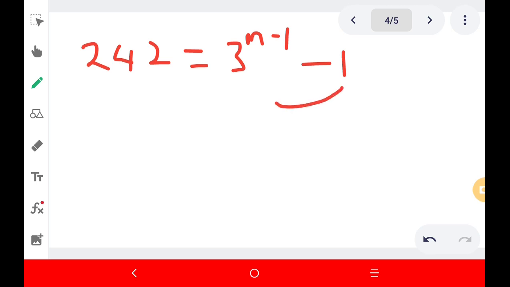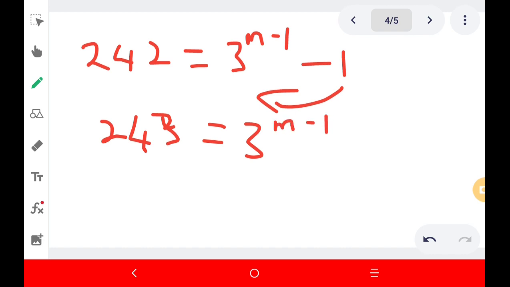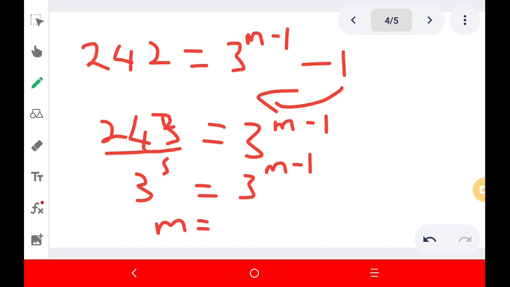Taking this 1 to the other side gives me 243, which is 3 to the power of m minus 1. Since we are dealing with exponents, we write 243 as a prime product, 3 to the power of 5, which equals 3 to the power of m minus 1. Now bases are equal, then the exponents are equal. It says m should be 6.